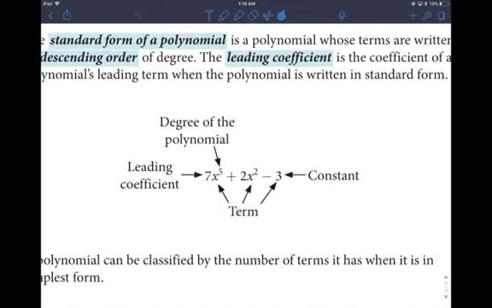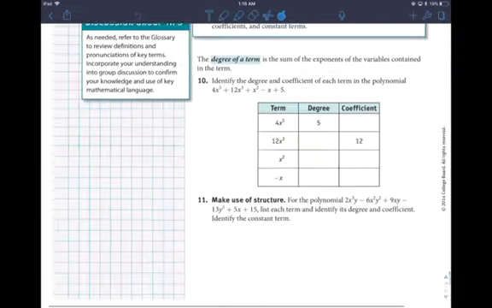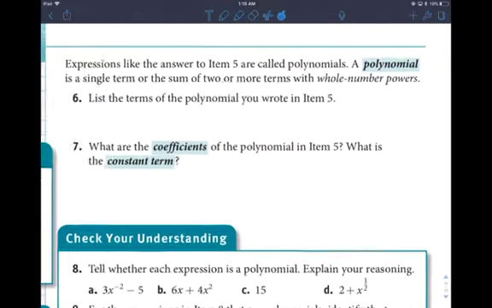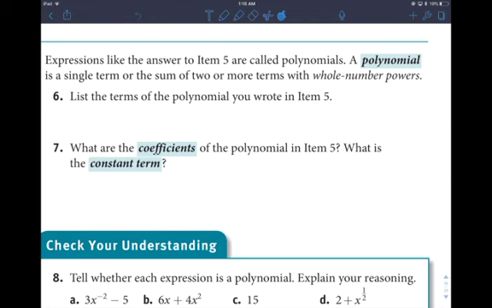A few things that I want to emphasize: one, a polynomial could be a single term or the sum of two or more terms with, this is the big one, whole number powers.